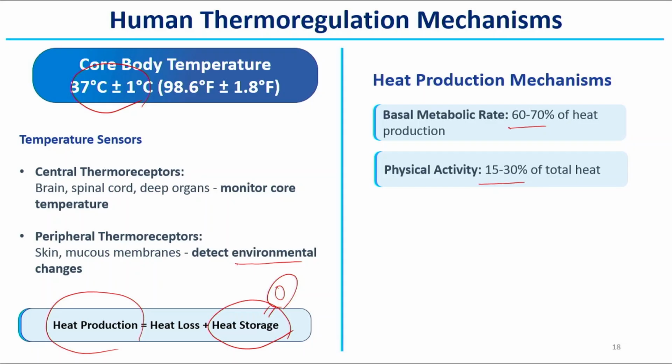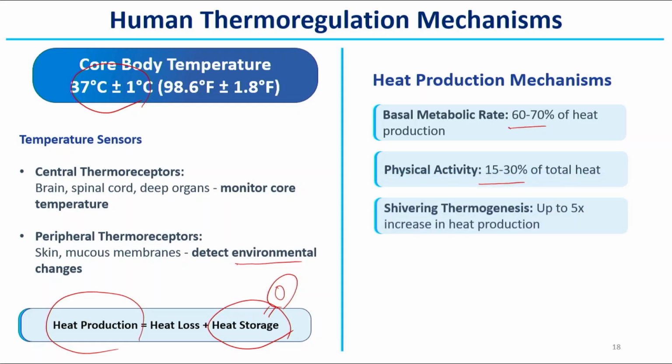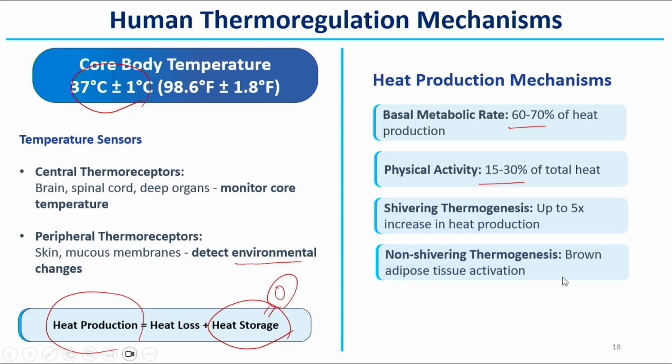And if the body core temperature drops, we start shivering, which increases the heat production. Then there is non-shivering thermoregulation, where different types of tissue activities are there.